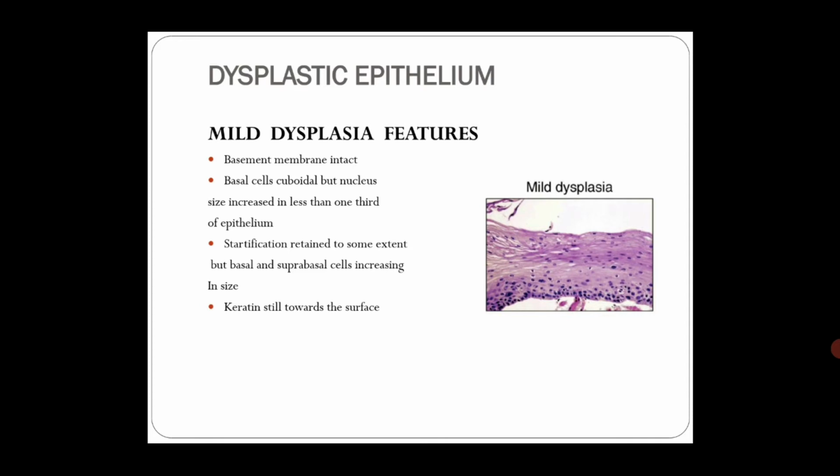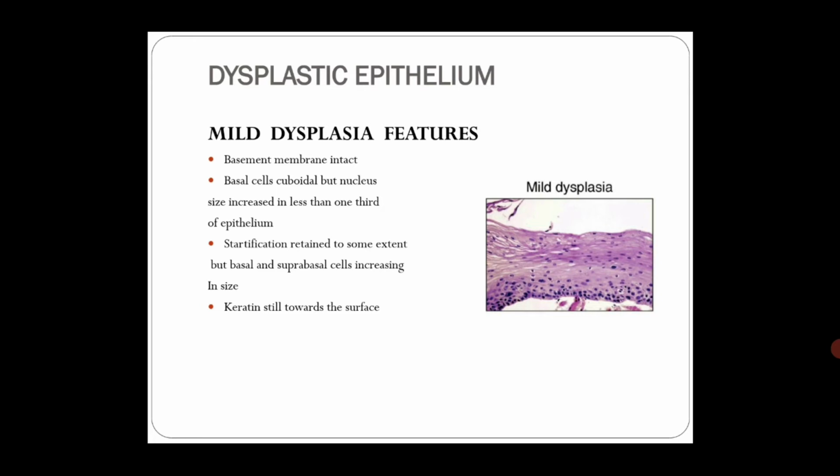So basically you will be able to see the purple dots inside the cells, they will be more pronounced and bigger, and this change in the size of the nucleus will be noted in less than 1/3 of the thickness of the entire epithelium, which means that the bigger nuclei will be more concentrated towards the basilar layers. The upper layers will be fine, just like the normal cells.